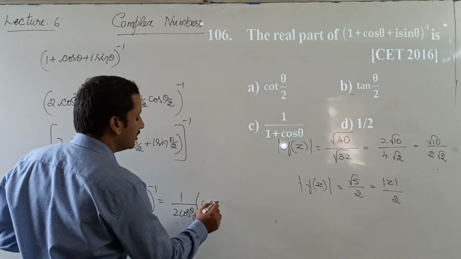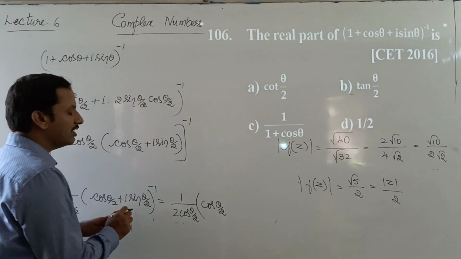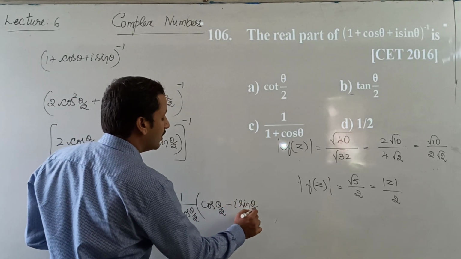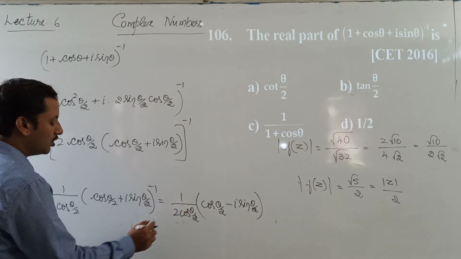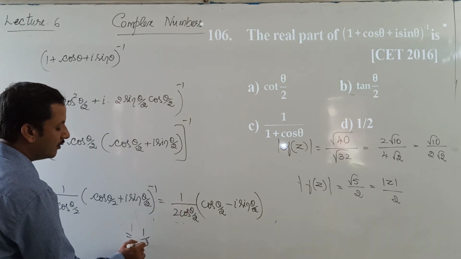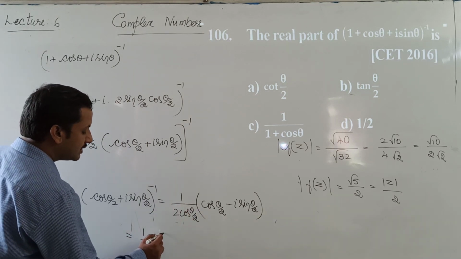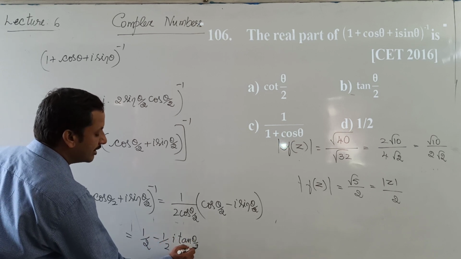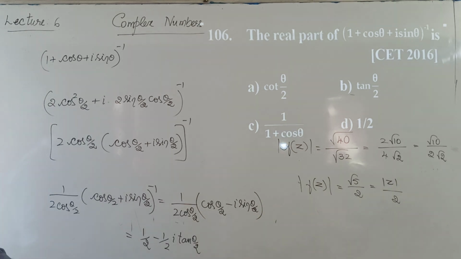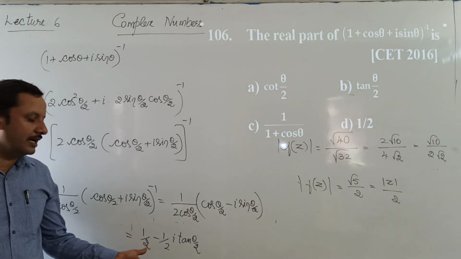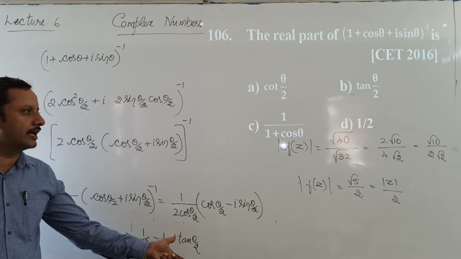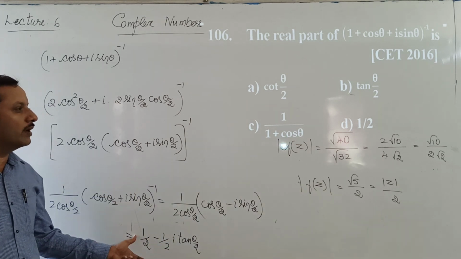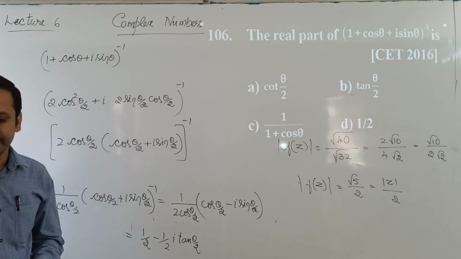Cos of minus theta by 2 is cos theta by 2 itself, and sin of minus theta by 2 is minus sin theta by 2. Taking 2 cos theta by 2 inside, you get 1 by 2 minus i by 2 tan theta by 2, which means the real part is 1 by 2 and the imaginary part is minus 1 by 2 tan theta by 2. What do you want? Real part. So the answer is 1 by 2.